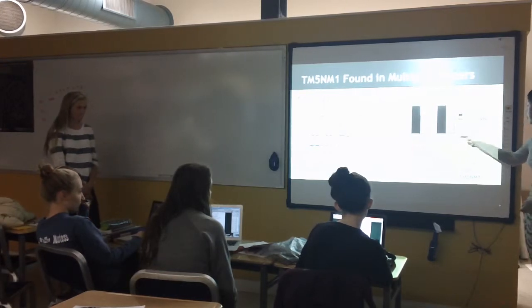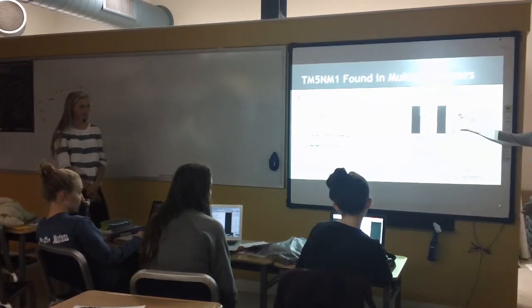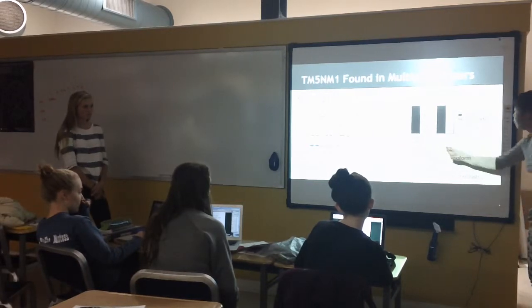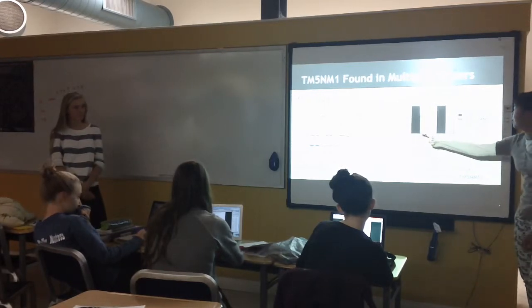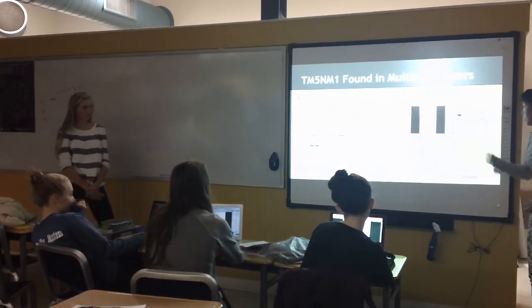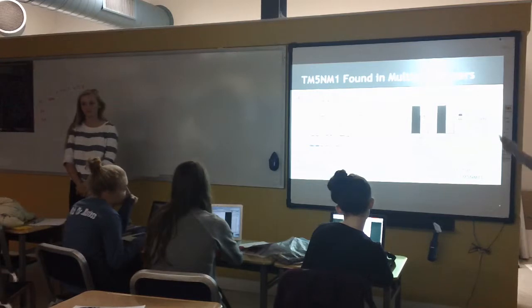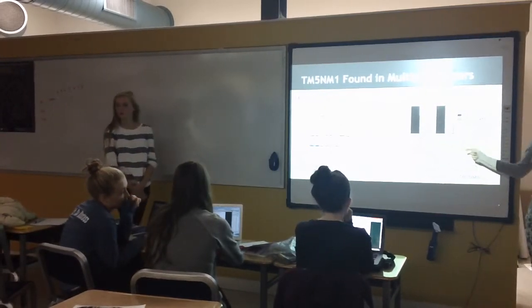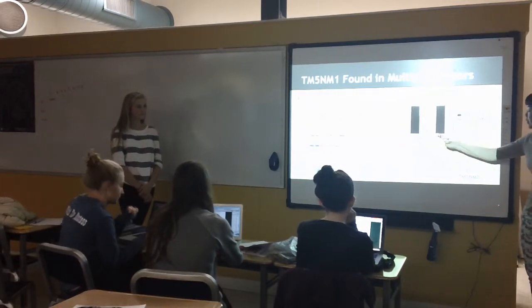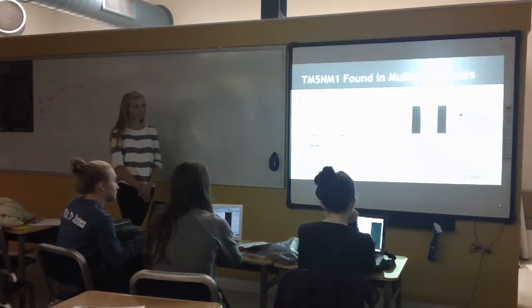For TM2, there's basically no difference before and after treatment, but for TM5NM1, it's greatly reduced. This proves that TR100 has an effect on TM5NM1 and decreases its level in cancer cells.